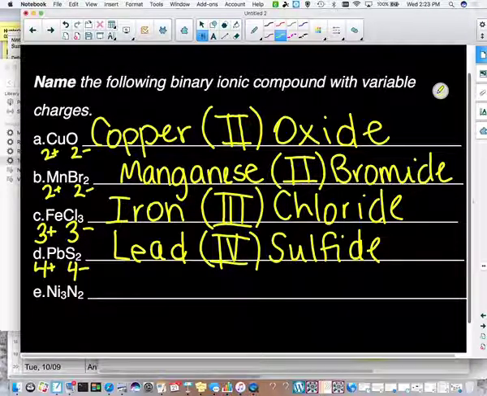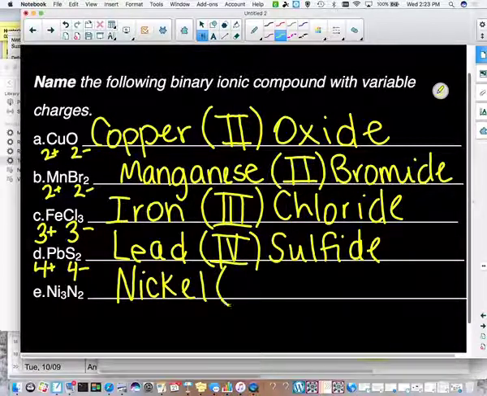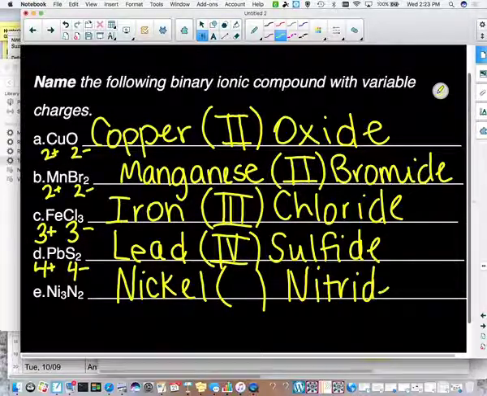Okay, so next. Nickel. Ni is nickel. Nickel is a transition metal, needs a parenthesis. N is nitrogen. We say nitride. Again, make sure it's -ide at the end. Nitrogen is in group 5A, atomic number 7, has a charge of -3, but I have 2 of them.